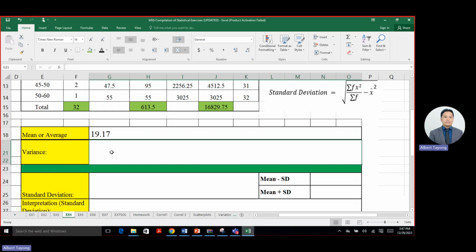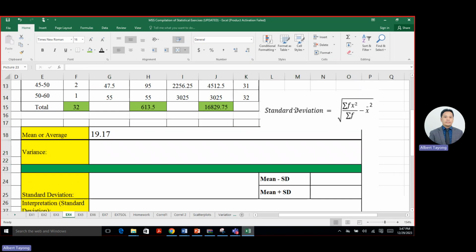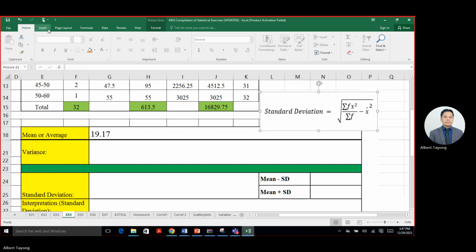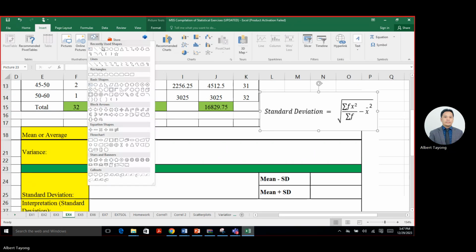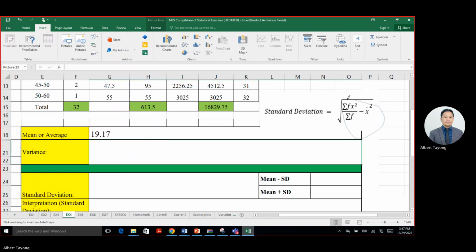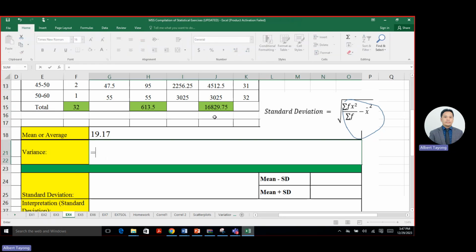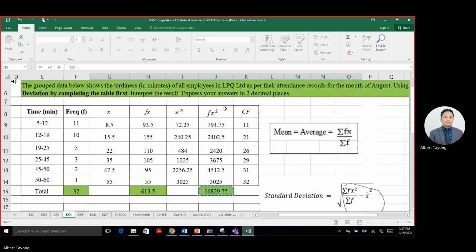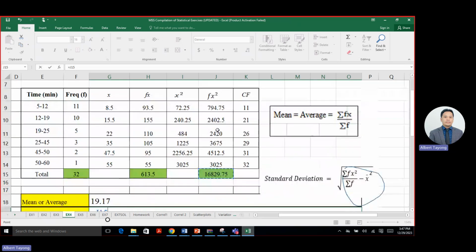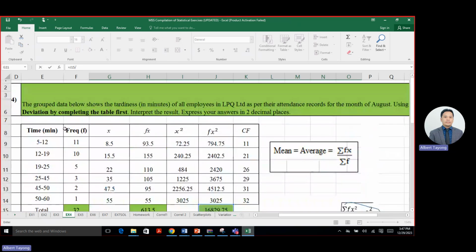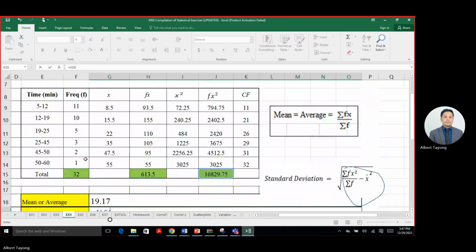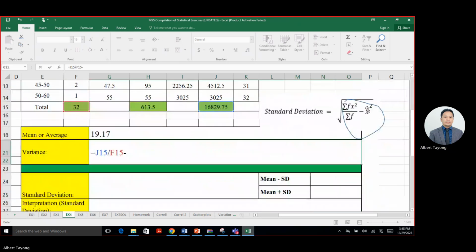And then we have to get the variance. The formula is here. The variance actually is inside the square root, this whole thing. So that is equal to the total of fx squared over the total of f. Total of f is 32 minus x bar squared is the mean squared.